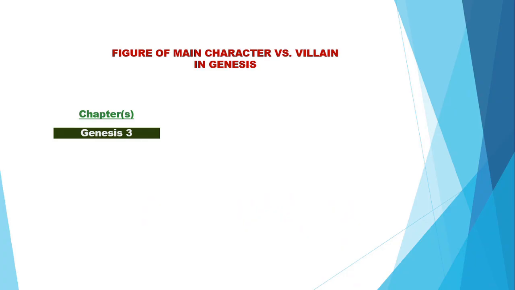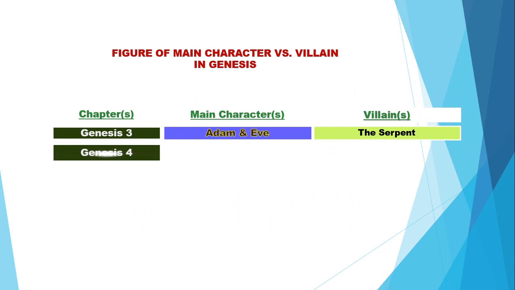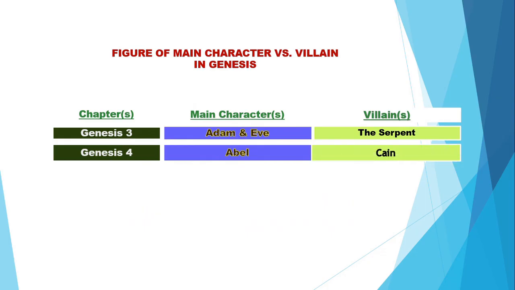So we have Genesis chapter 3, and our main characters being Adam and Eve, and we have the villain there as the serpent. Genesis chapter 4, we have the main character Abel and the villain being Cain.